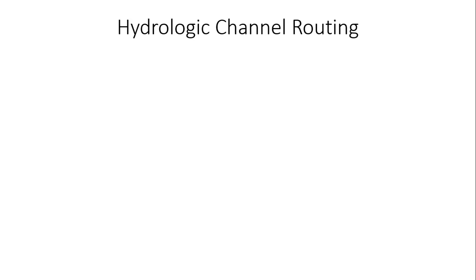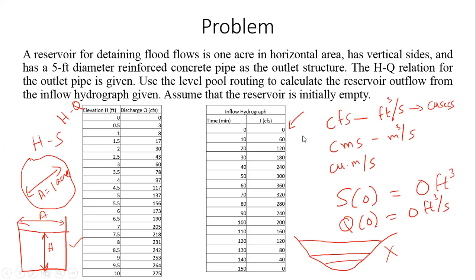Now, if you remember correctly from the previous semester when we spoke about open channel flows, we spoke about the idea of uniform flow, and then we also spoke about gradually varying flow and so on. Now here, this inflow hydrograph is changing as a function of time, and naturally, the outflow hydrograph is also changing as a function of time.